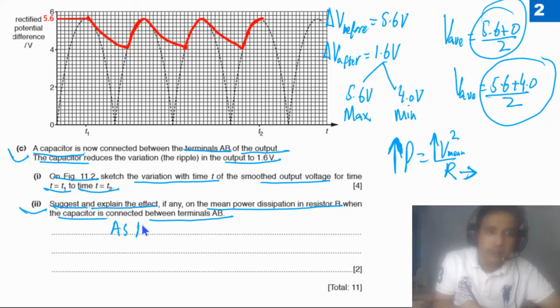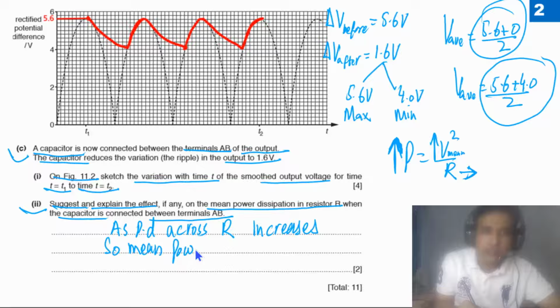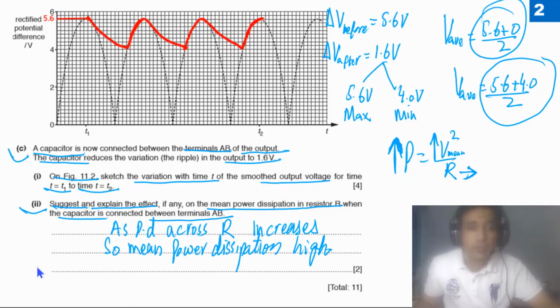As mean PD across R increases, so mean power dissipation is greater, or we can say higher. So that's all we need to write down for the answer of this question. This question has 2 marks. If you have mentioned these 2 points, you will get 2 marks.